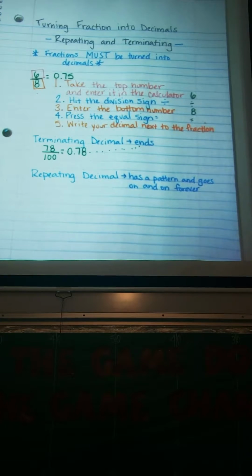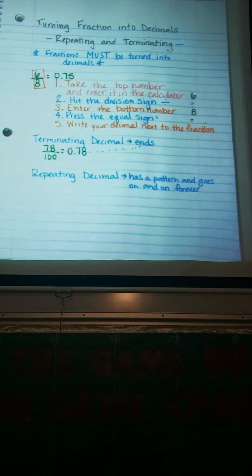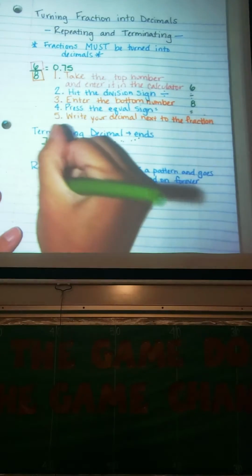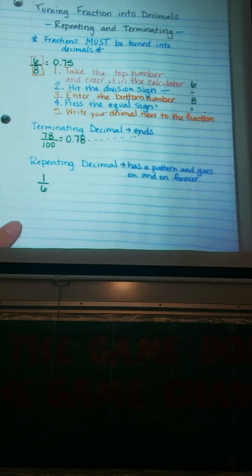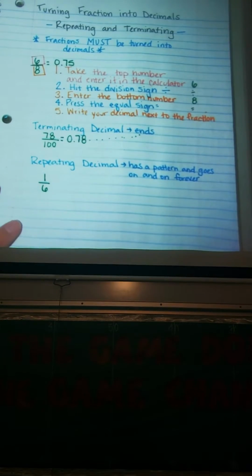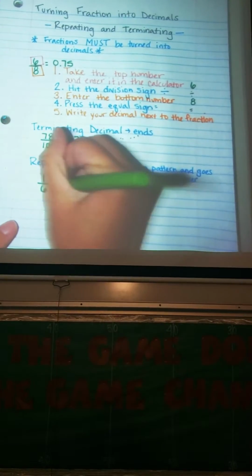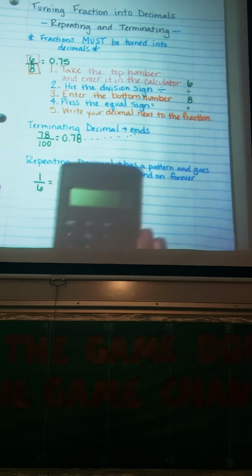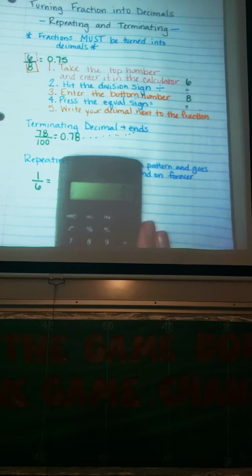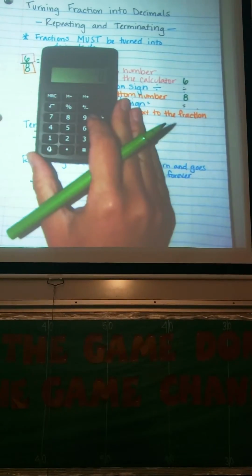So we're going to do an example here so you guys can really see what I'm talking about. So I'm going to use 1/6 as my fraction. And I'm going to turn that into my decimal. So I'm going to clear it out. I'm going to enter my numerator. Move this up here so you can see it a little better.